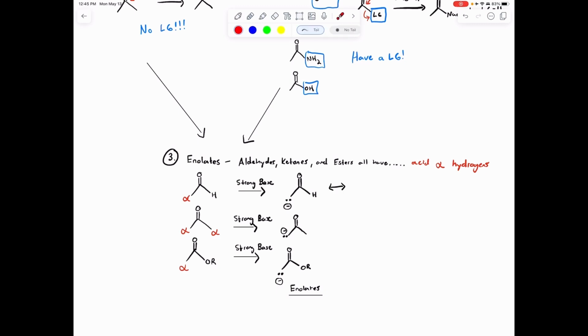So all of these enolates have a resonance structure, okay, where you could push that negative charge in and kick that double bond up. So technically, the correct way to draw an enolate in all of these cases looks like this right here.